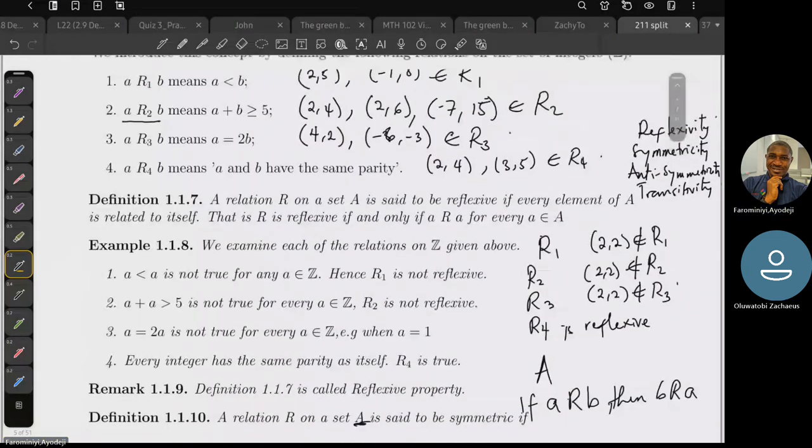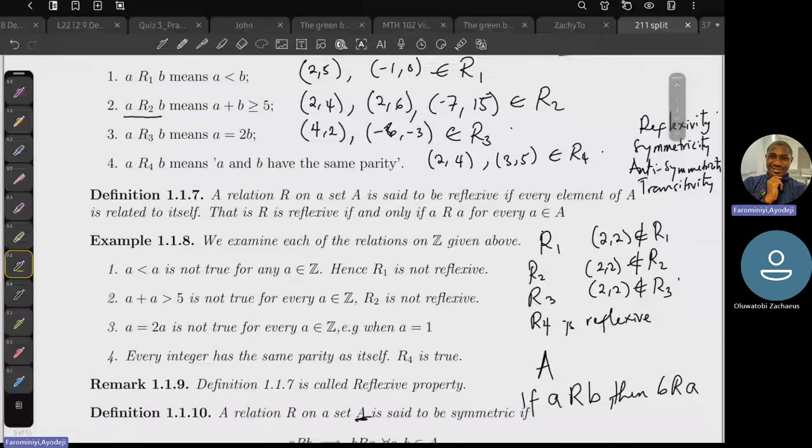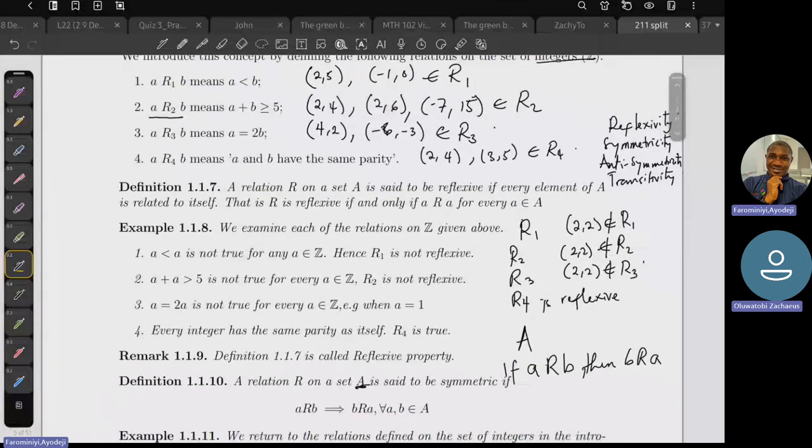So you remember R1. R1 is about less than. So is R1 symmetric? No, sir. Why is it not symmetric? Because A related to B does not imply that B is related to A. Remember that when you want to say something does not satisfy a property, you just need to show a counterexample.